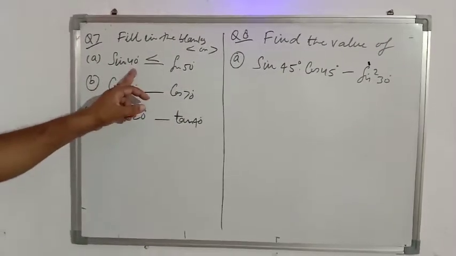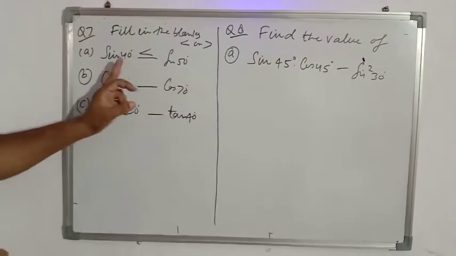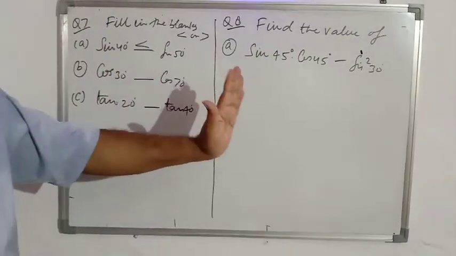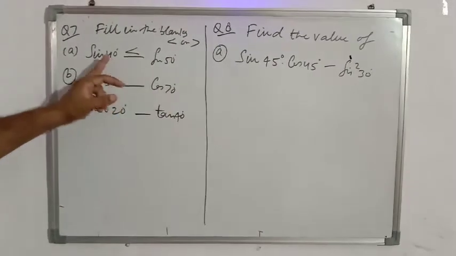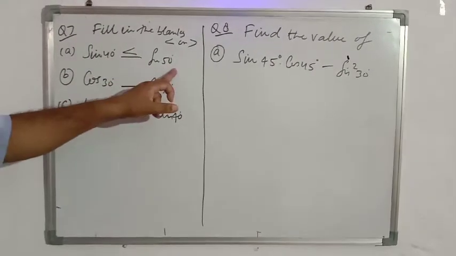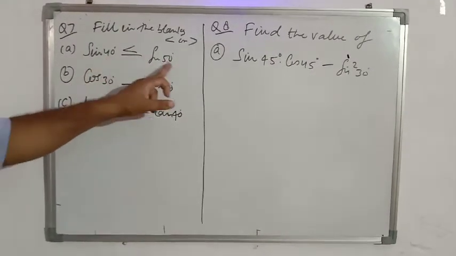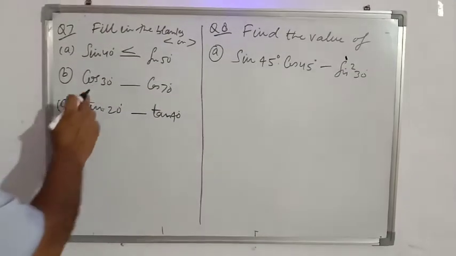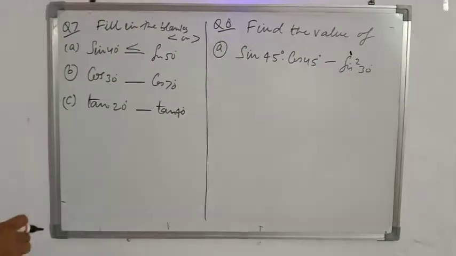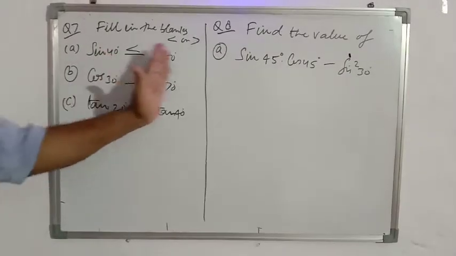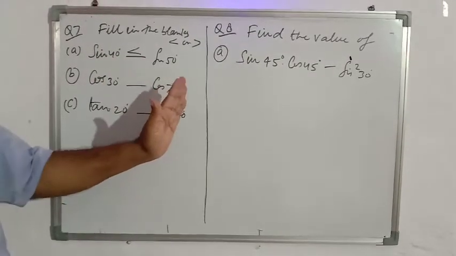Because as theta increases from 0 to 90, the value of sin increases from 0 to 1. Here 40 degree is less than 50 degree, so sin 40 will be less than sin 50. Next, cos 30 and cos 70. In case of cos, as theta increases, the value of cos decreases.